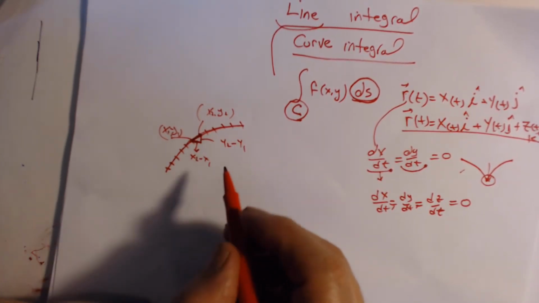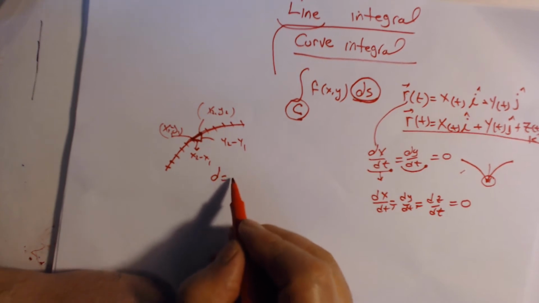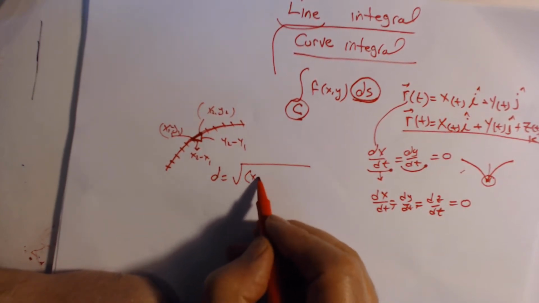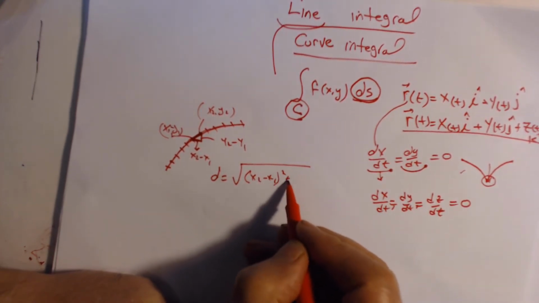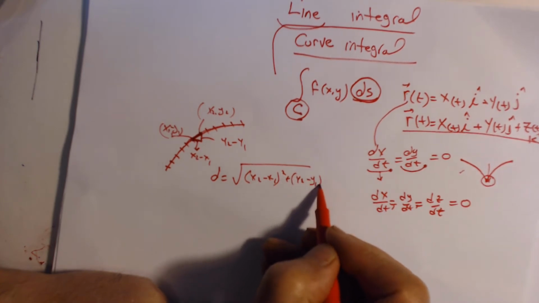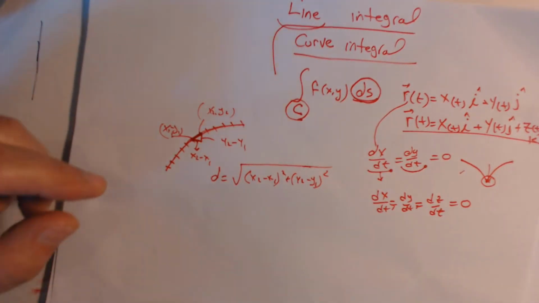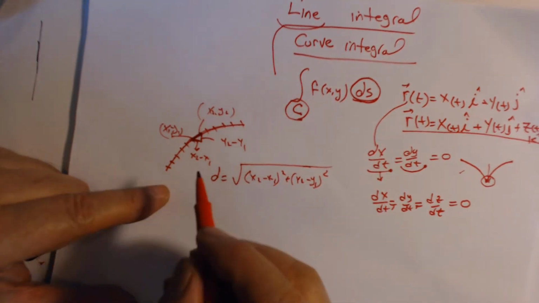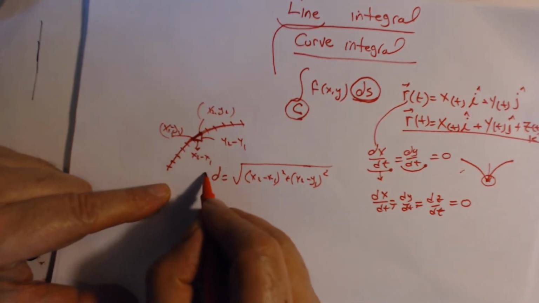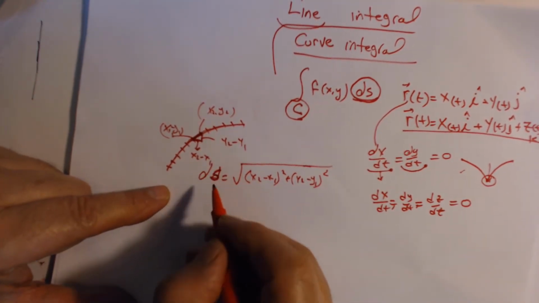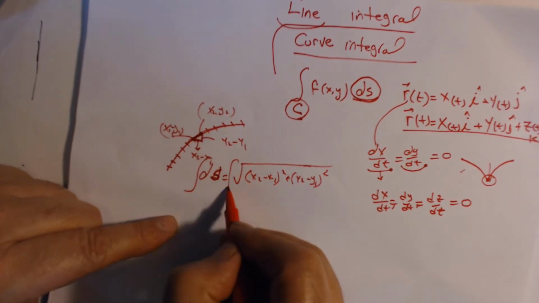That distance is nothing except the square root of a squared plus b squared. But if you want to sum this up and that becomes an arc length, that's called the change in s, you have to integrate it.